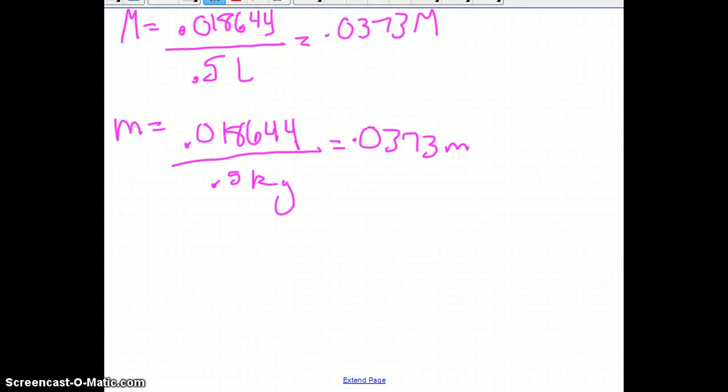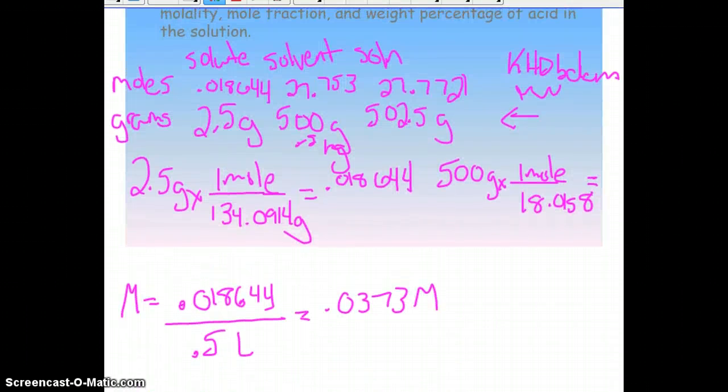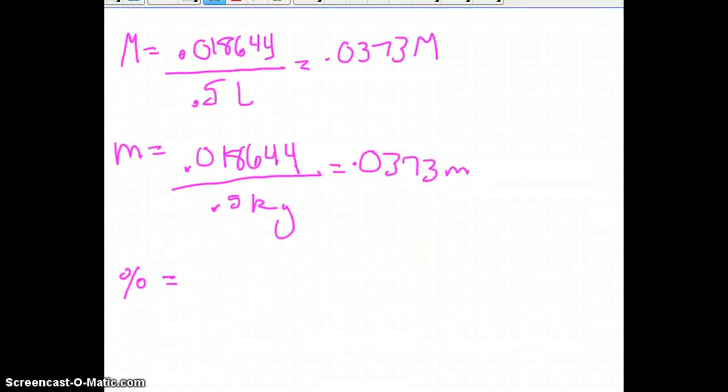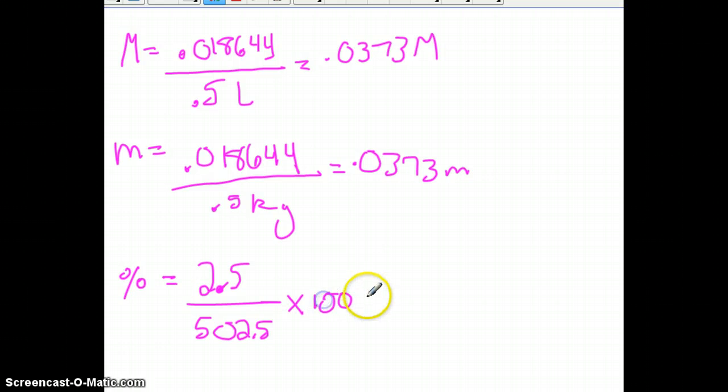Now let's look at percentage. Percentage is going to be the grams of the solute over the total grams. So we have 2.5 grams over 502.5 grams, and then we multiply it by 100.